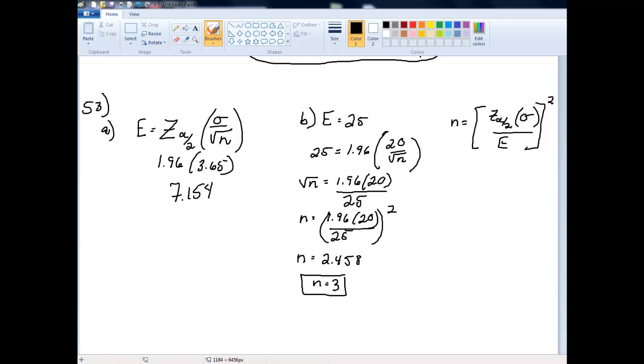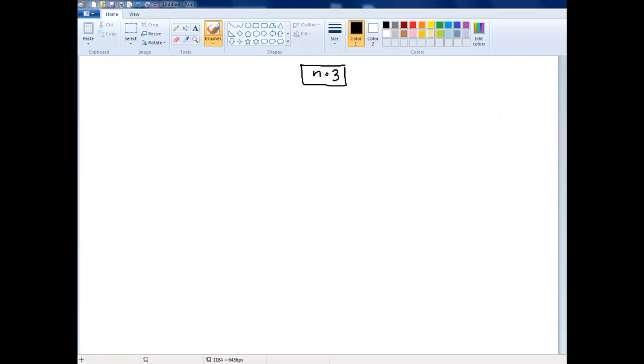All right, so C asks us how large of a sample size is needed to estimate mu to within 5 gallons with 95% confidence. So our error here, we want 5, 1.96 times 20 over the square root of n.